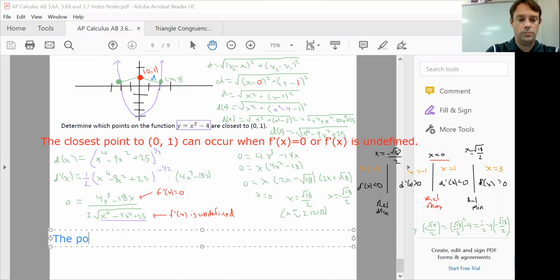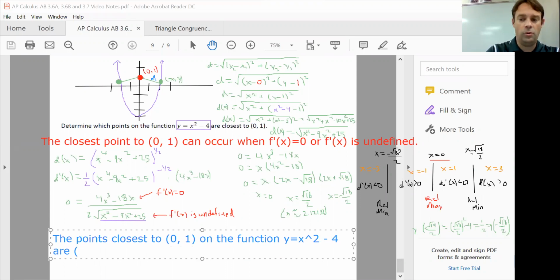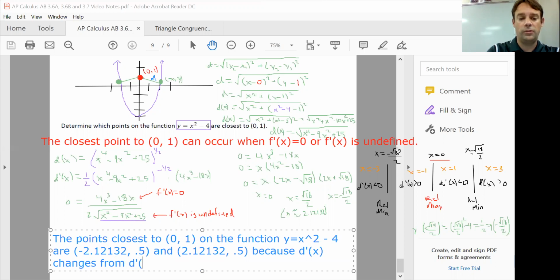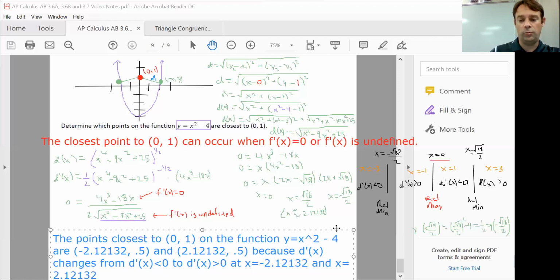The points closest to 0, 1 on the function y equals x squared minus 4 are the points, I'm going to need to use that decimal, I think, -2.12132, comma 1/2, and positive 2.12132, comma 1/2, because d prime of x changes from less than 0 to greater than 0 at x equals -2.12132 and x equals 2.12132 as well.